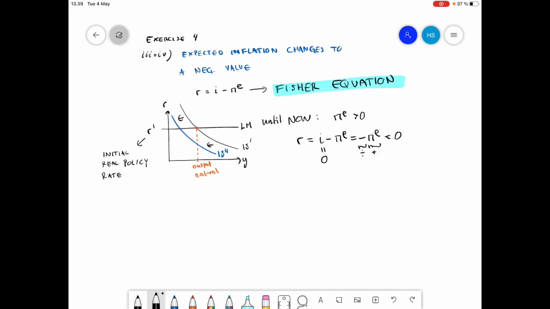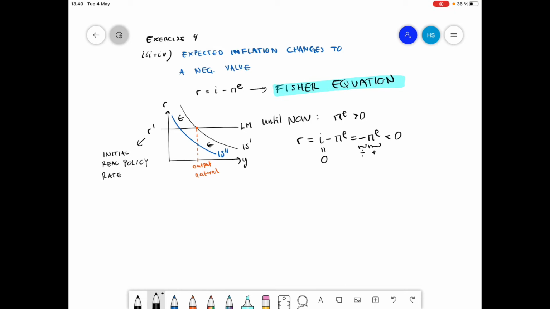Since the inflation persistently has been lower than the target rate of inflation, expected inflation suddenly changes. The agents of the economy adapt to this persistently lower inflation by lowering their expectations. So what is happening now in exercise 3 is that the expected inflation changes to a negative value.